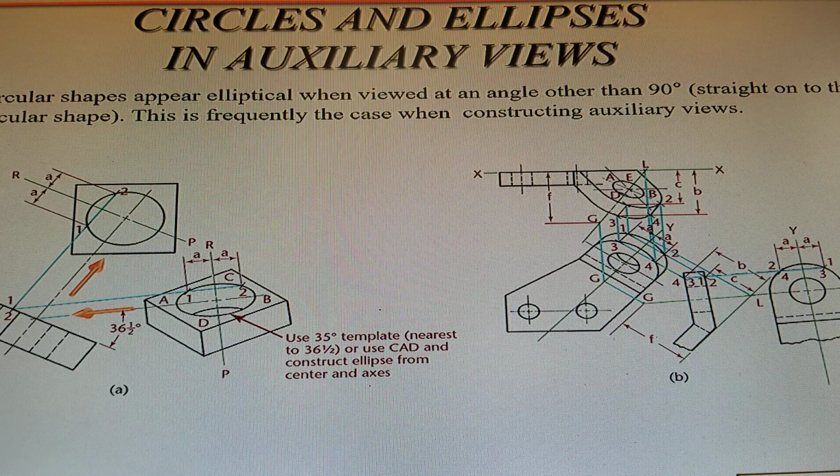But when you start projecting lines to your auxiliary, you're going to get an ellipse. That circle is going to look like an ellipse, or an oval, for those not familiar with what an ellipse is. An ellipse is nothing but a circle turned at an angle.